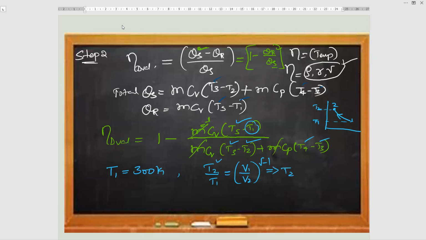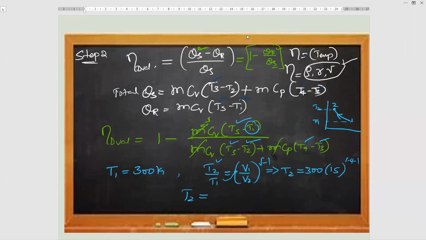So T2 is equal to T1, which is given as 300, multiplied by V1 by V2, the compression ratio, which is given in the numerical as 15, to the power of gamma minus 1, that is 1.4 minus 1. So now T2 is equal to, please anyone tell me the answer for T2.